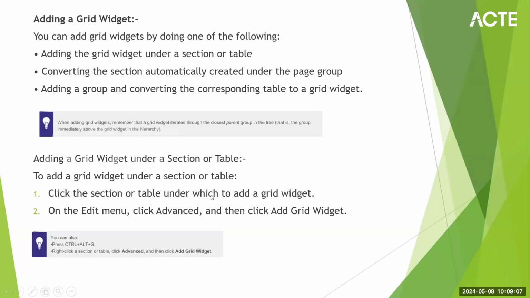Click on the section or table under which you want to add a grid wizard. On the Edit menu, click Advanced and then click Add Grid Wizard. You can also use the shortcut Control A plus G, or right-click the section or table, click Advanced and then click Add Grid Wizard.